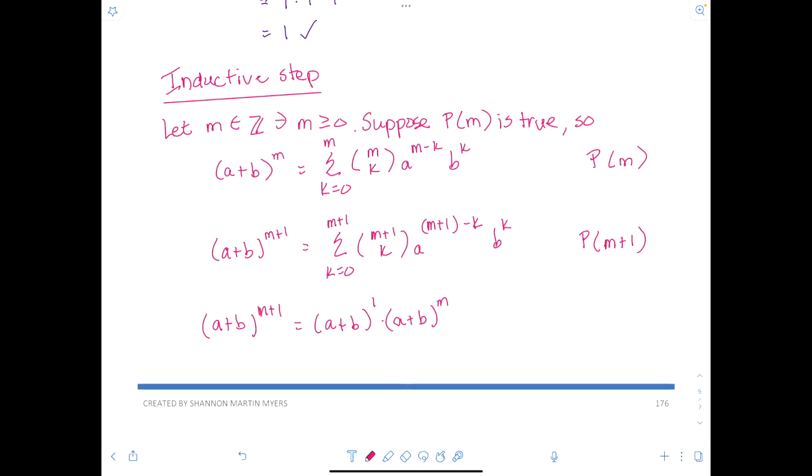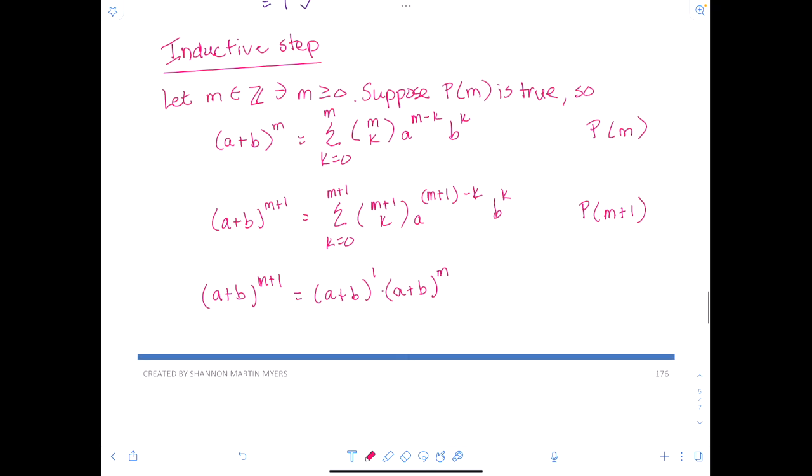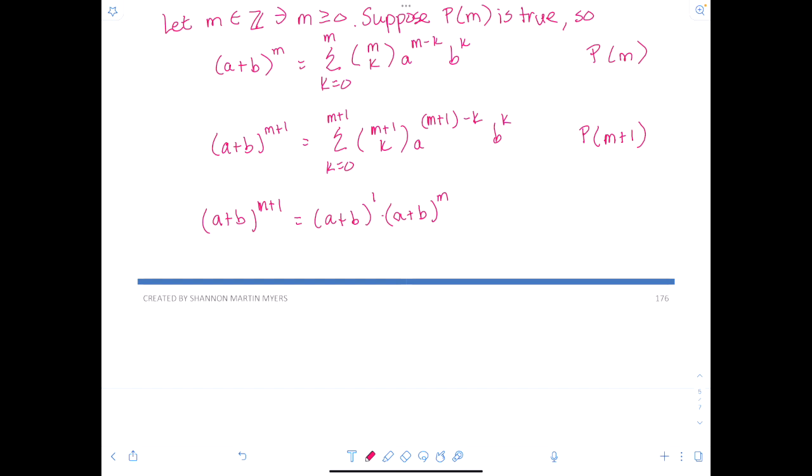You would get 1 plus m, which is m plus 1. So by substitution from our inductive hypothesis, we could say that a plus b to the m plus 1 is equal to a plus b to the 1, times the summation as k goes from 0 to m of m choose k times a to the m minus k times b to the k.